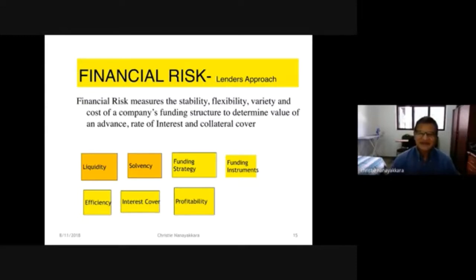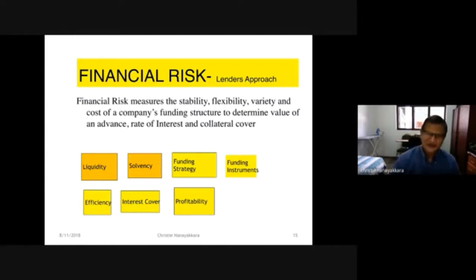So financial risk measures the stability of the company, flexibility, variety, which means he is diverse enough, cost of funding, whether he has not borrowed very heavily at very high rates, rate of interest, and what kind of collateral account we need.